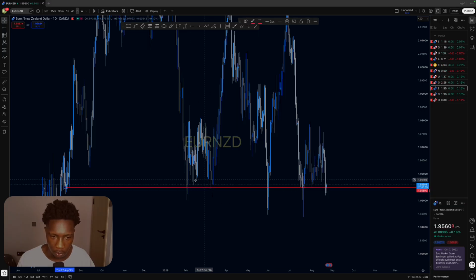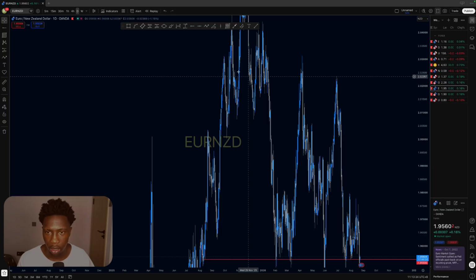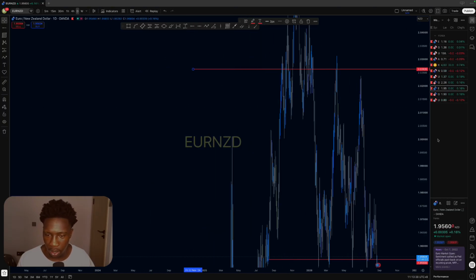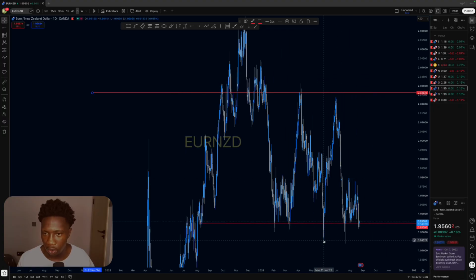It's just a move, and that's a double bottom which created this move to the upside, which reached this level. And we have another lower low here which created this move to reach here.